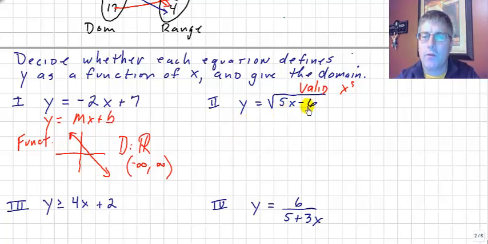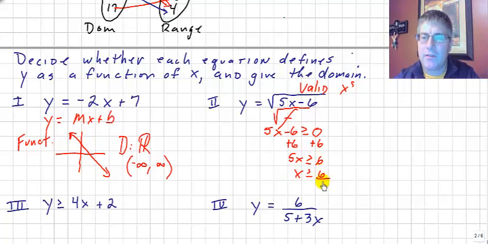Well, this is a square root, and don't I know I can't take the square root of a negative number? So that means that 5x minus 6 has to be greater than or equal to 0. So if I add 6 to both sides and solve for x, I get 5x is greater than or equal to 6, and divide by 5, x is greater than or equal to 6/5.